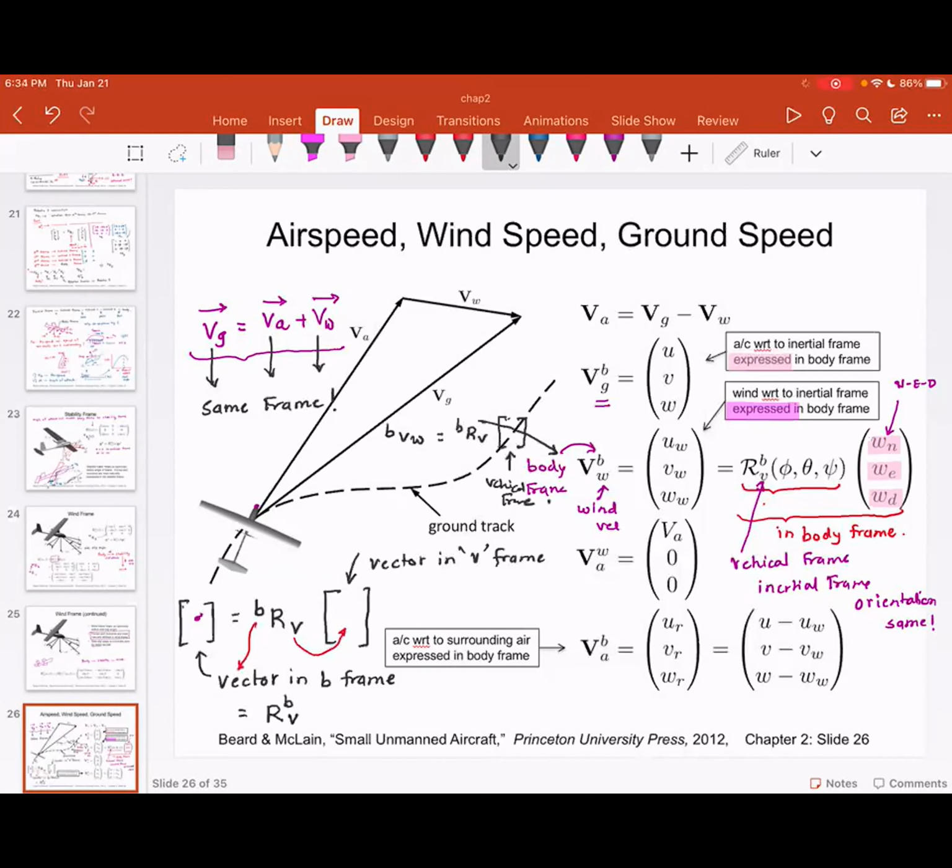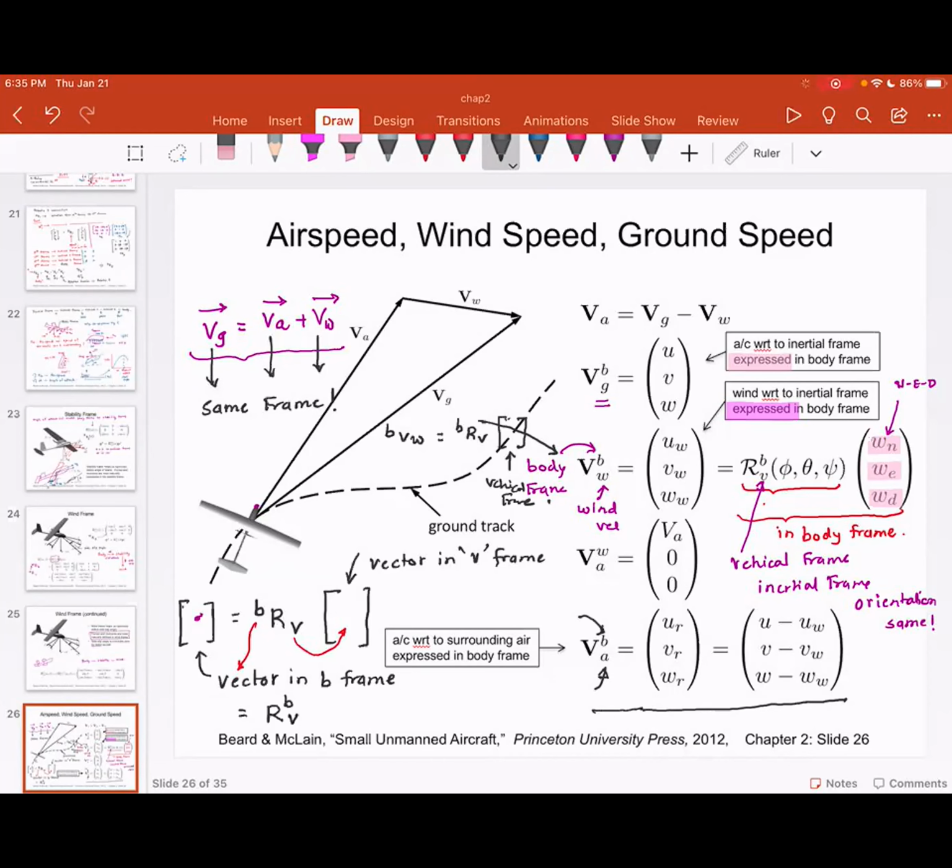Now moving on, finally, we want to find out the air velocity in the body frame. Air velocity is expressed in the body frame, and that relationship is given over here. The key takeaway here is that ground speed is equal to air speed plus wind speed, but these different velocities are not in the same frame.